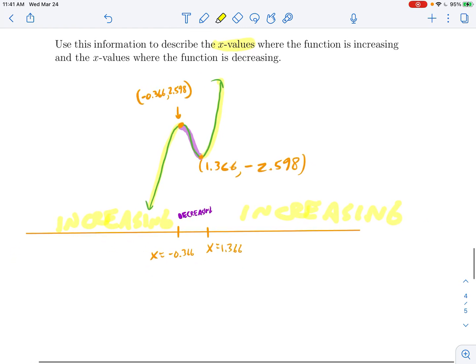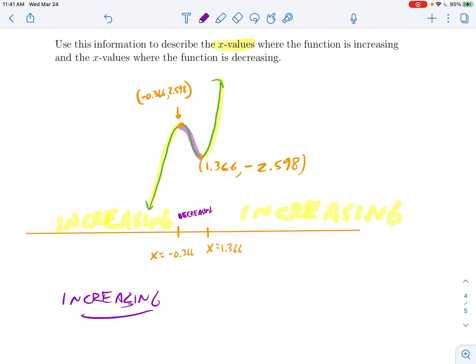And we want to describe those zones of increase and decrease in terms of the x-coordinates. So our first zone of increase is before we get to this x-coordinate. So thinking in terms of the number line, if we're to the left of this, we could say x is less than negative 0.366.